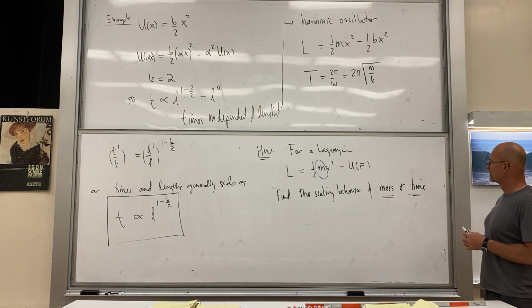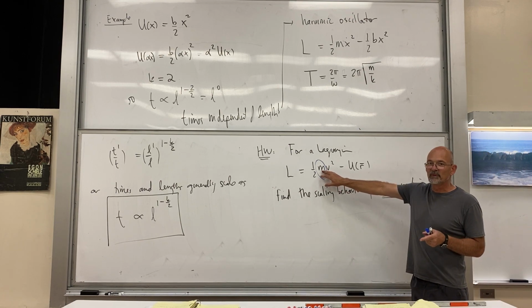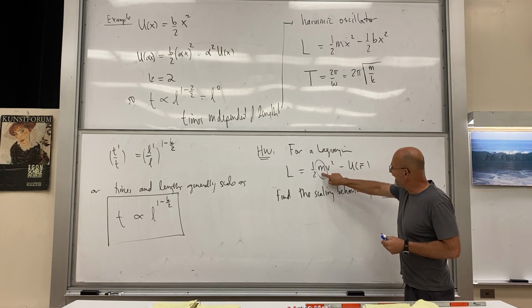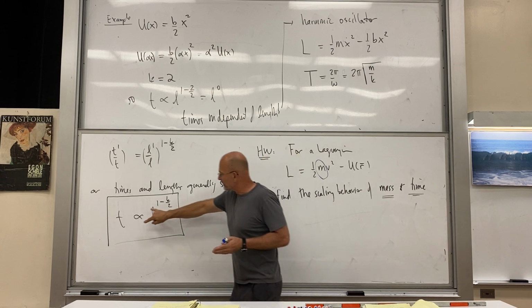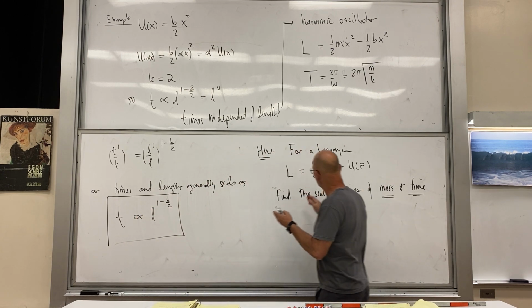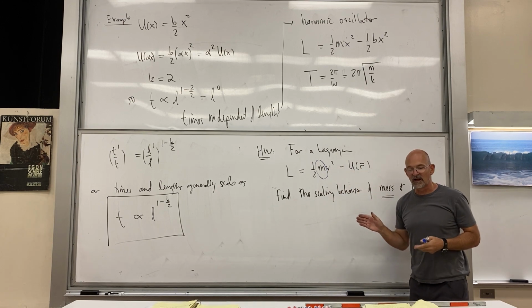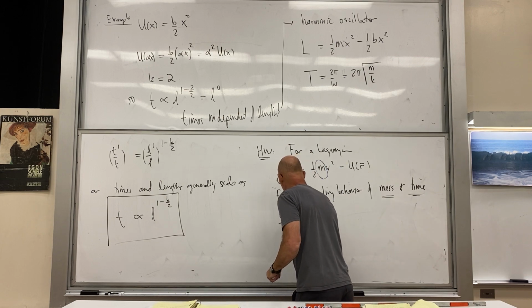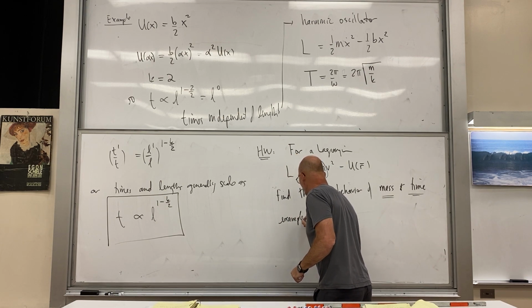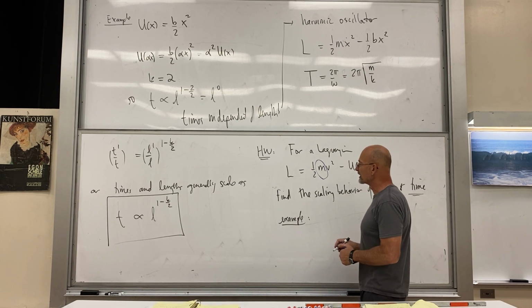Yeah, mass and time. So you're going to do the same kind of rescaling argument that we did, except you're going to involve the mass, and you're going to get this kind of relation here that comes from both of these terms being multiplied by the same constant. And the example system that you can test your idea with right away is the harmonic oscillator, which we just did for lengths and times.